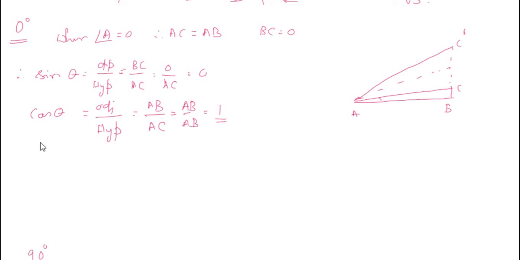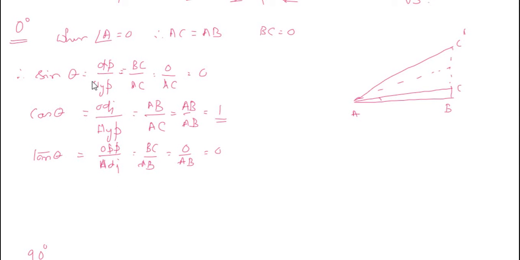So cos 0 is 1. Tan 0. Tan 0 is opposite side divided by adjacent side. That is BC divided by AB, that is 0 divided by AB equal to 0.